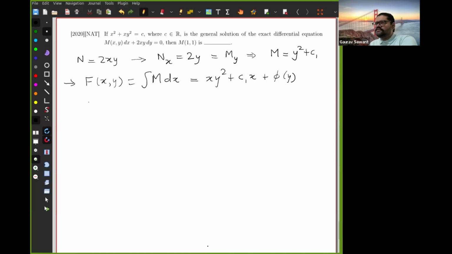I take the derivative f sub y equal to N to get 2xy plus phi dash of y equal to my N function, which is 2xy, which tells me that phi dash of y is equal to 0.